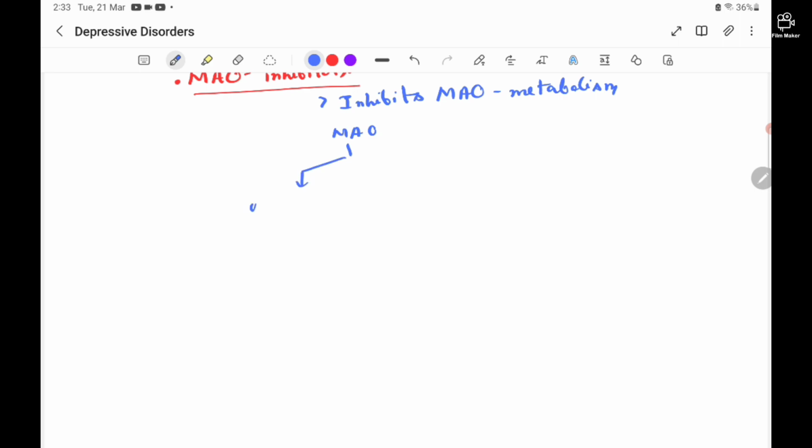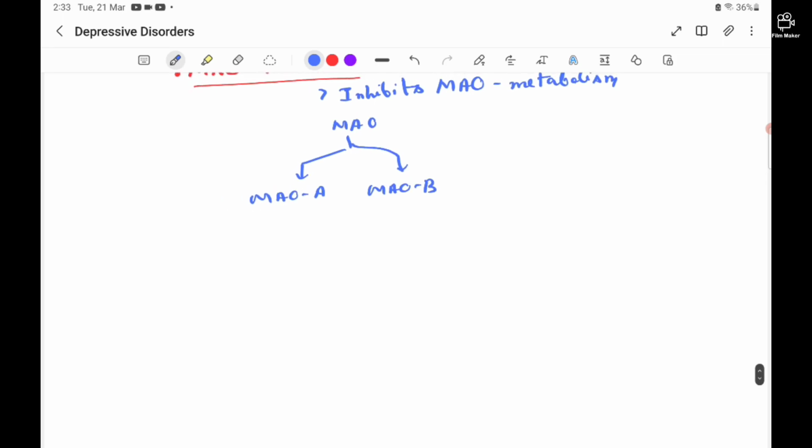There is MAO A and MAO B. MAO A principally acts on serotonin, norepinephrine and dopamine, and MAO B acts on only dopamine.